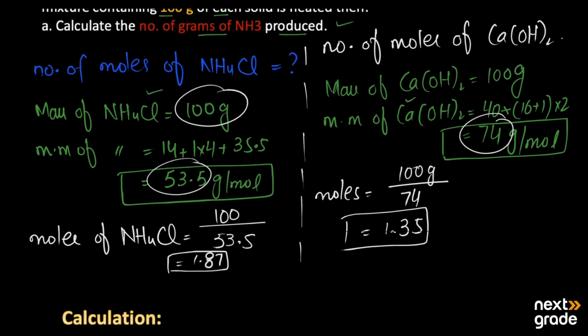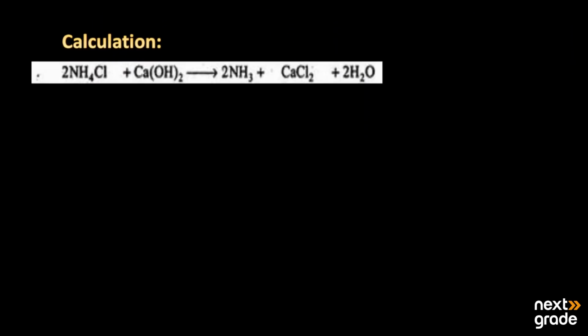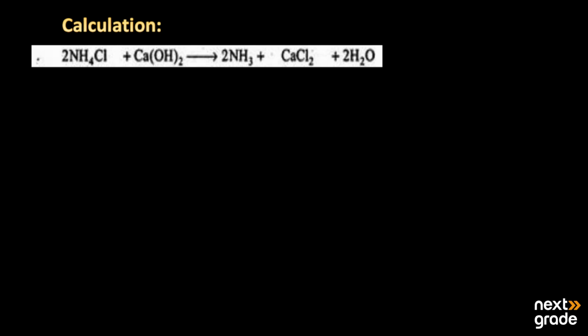In the next calculation we will compare the moles of reactants with the moles of the products. For this calculation we need the balanced chemical equation. We have ammonium chloride, which reacts with calcium hydroxide, and we get the products ammonia, calcium chloride and water. We have to find the grams of ammonia gas, so we will use the comparison method.